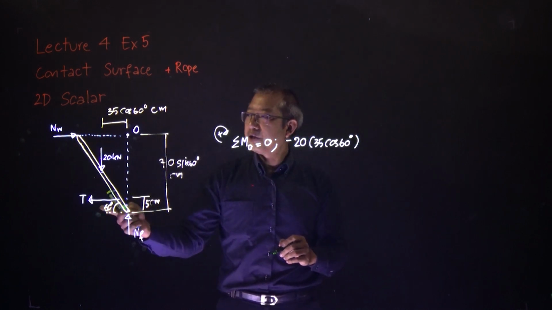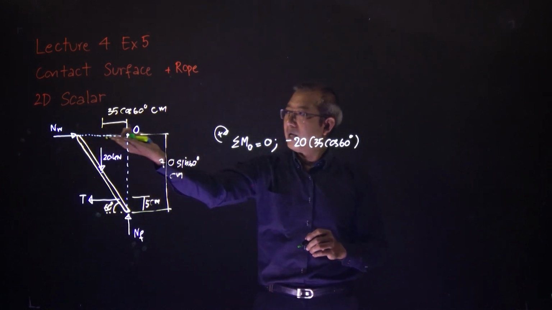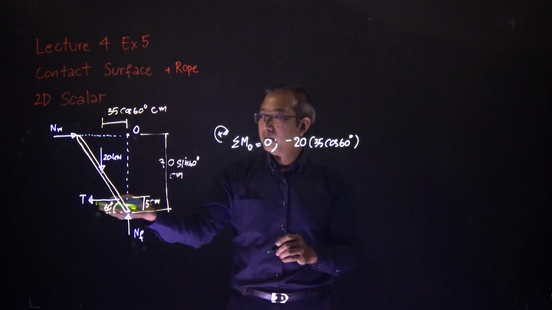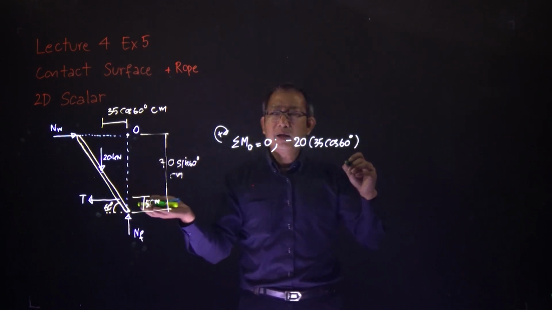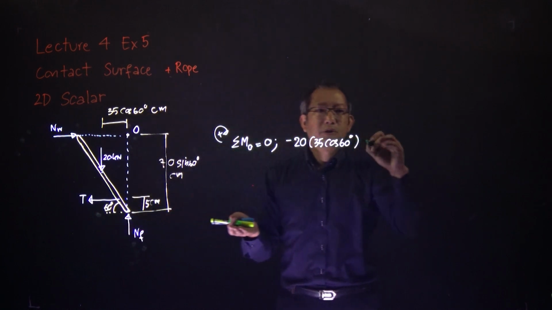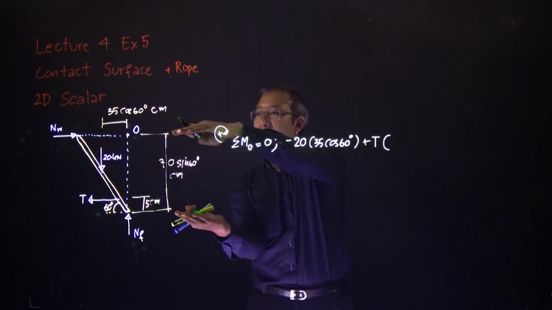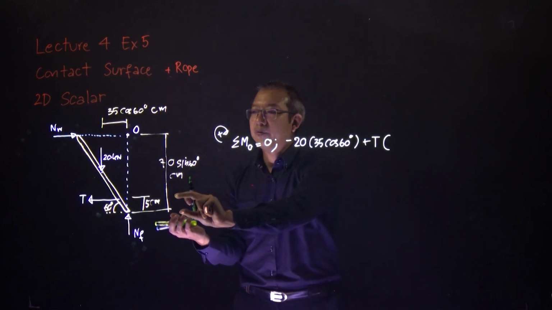The next one is the tension. Again, NW times 0 and NF times 0 don't count. Then T rotates that way, going clockwise, so plus T. The total distance here is 70 sine 60. That one is 5.